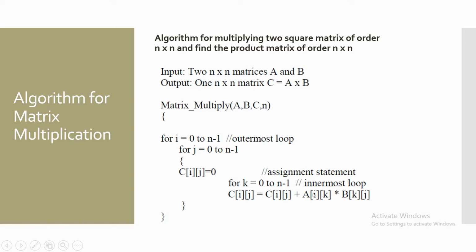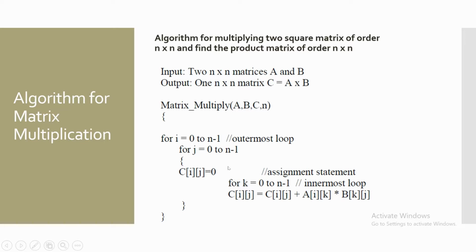Here I have neglected these things because they take constant time, but they are multiplied with this variable. For example, this assignment operation is done how many times? Whenever this loop runs, and this loop runs n square times. So I can say C1 n square. Now here the add and multiply, suppose I say C2 seconds it takes. So C2 into how many times? n cube, right?